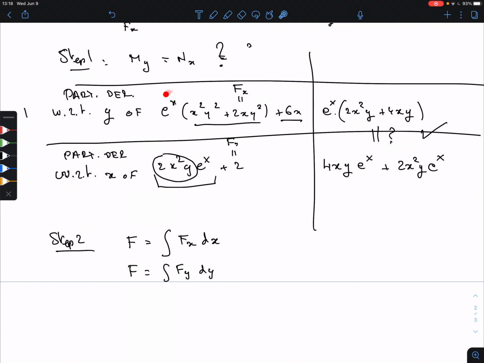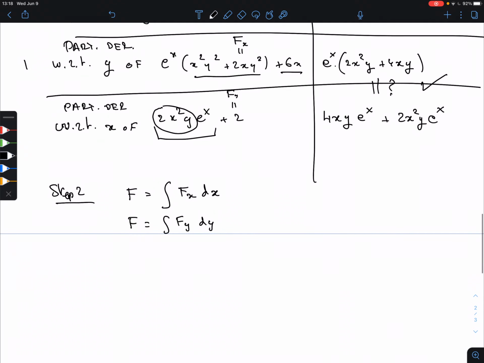I don't like that because of the e^x. I think it's much easier to integrate with respect to y here because, look, there's only a single y here, okay? And so this is a major difference. Sorry, I'm pointing in the wrong part. This one I was pointing here, but I should point here. But even here, this is much easier to integrate with respect to y.